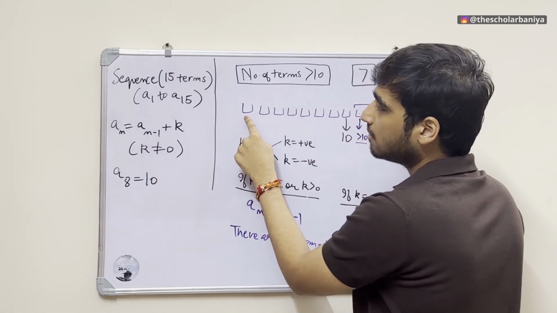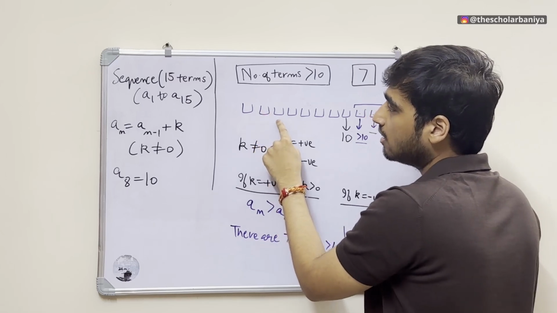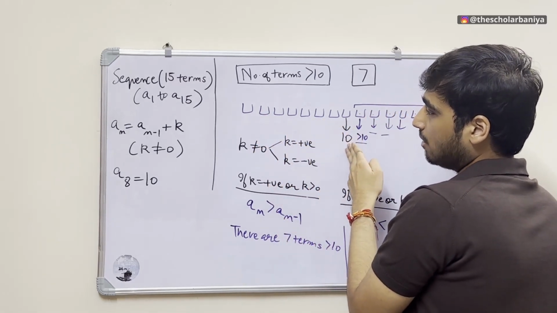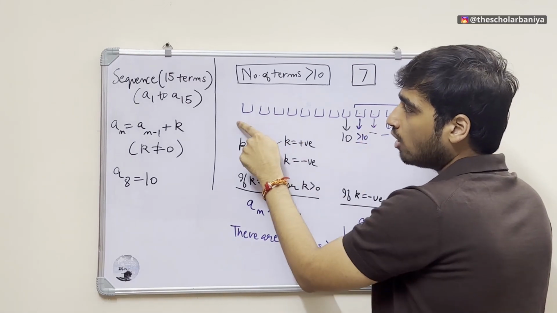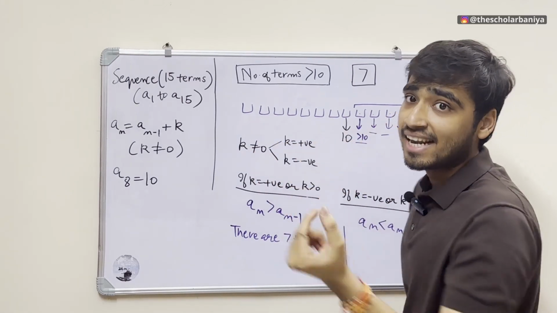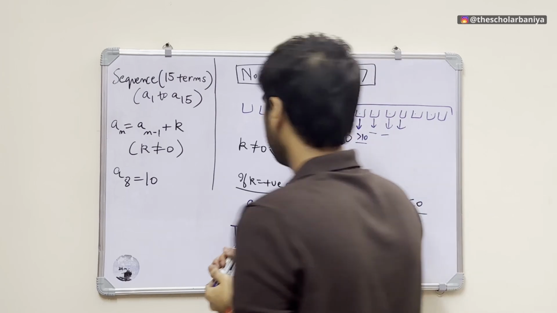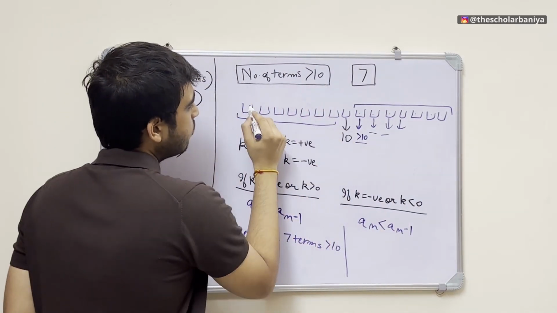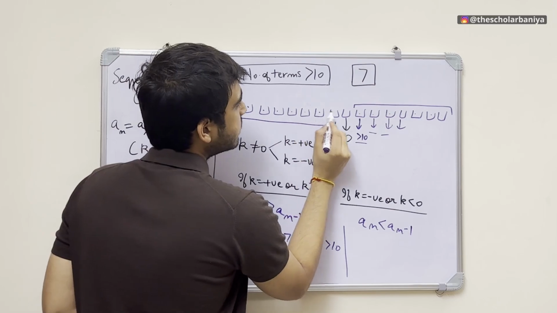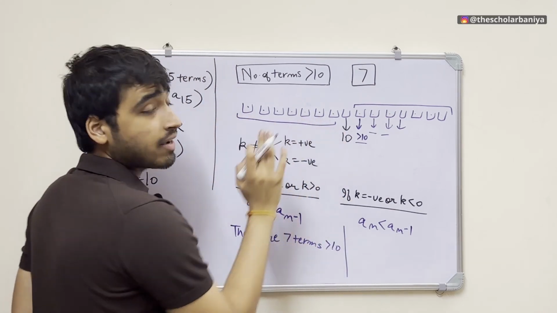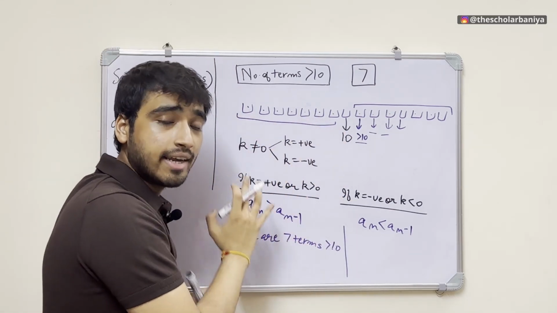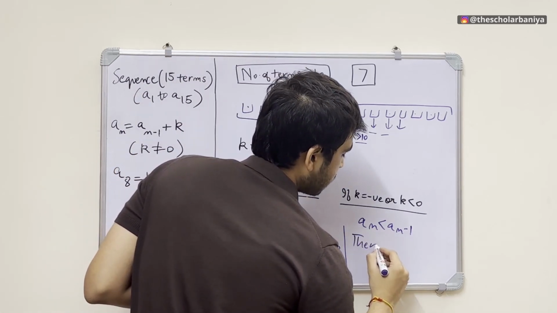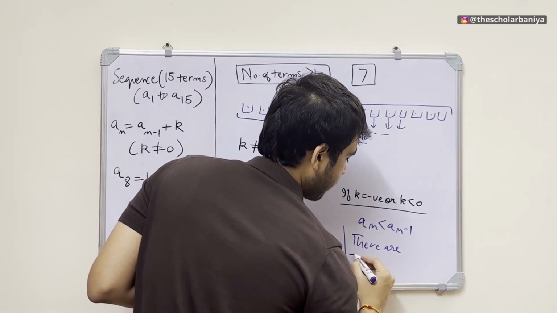For example, A2 will be greater, then this term will be smaller, smaller, and even more smaller. So this is the largest term, this is the second largest, third largest, fourth, fifth, sixth, seventh, eighth largest, then 10 comes. So all the terms on the left side will be greater than 10. All these 7 terms will be greater than 10 if k is negative.